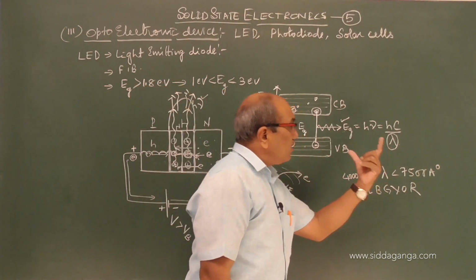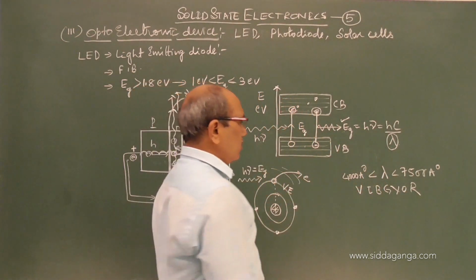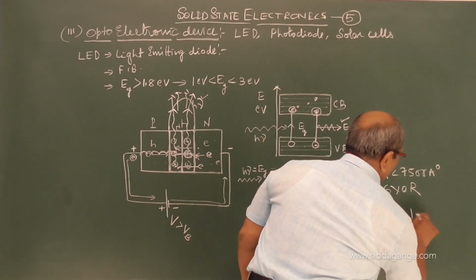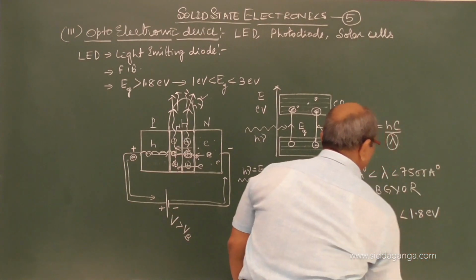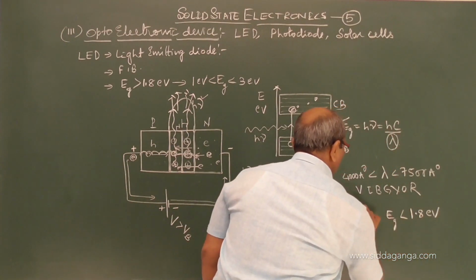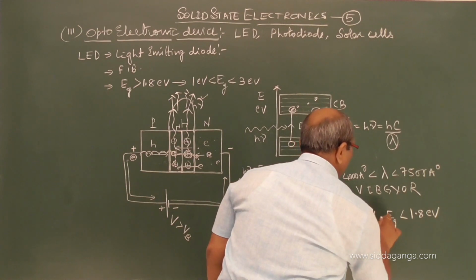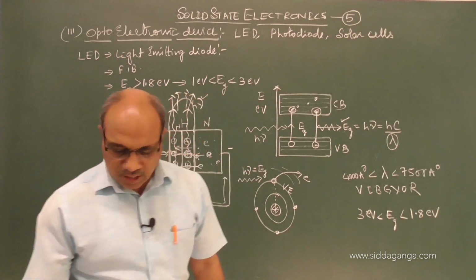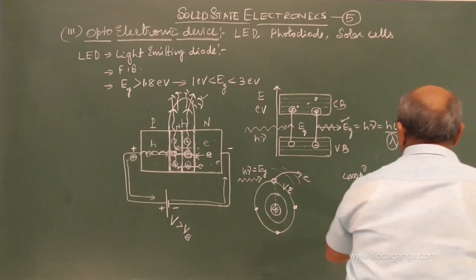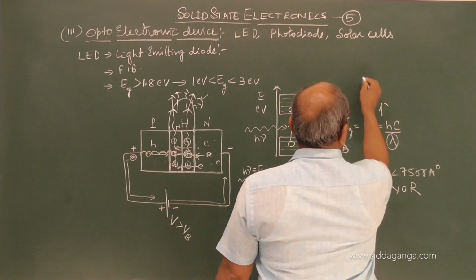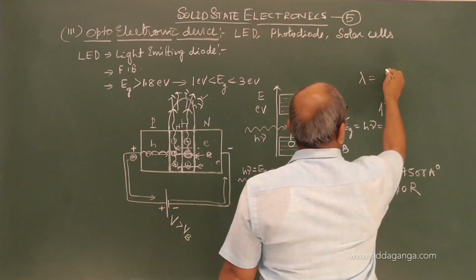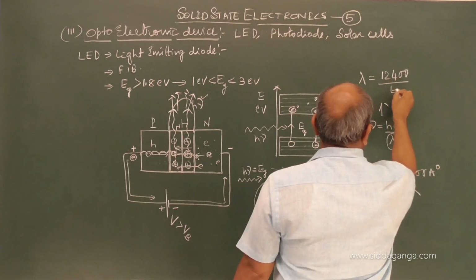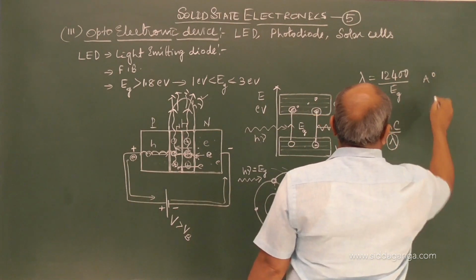What is the band energy required here? The energy gap is about 1.8 electron volts up to 3 electron volts. So I am writing again: lambda is equal to 12,400 by Eg, which directly gives the wavelength in angstroms.